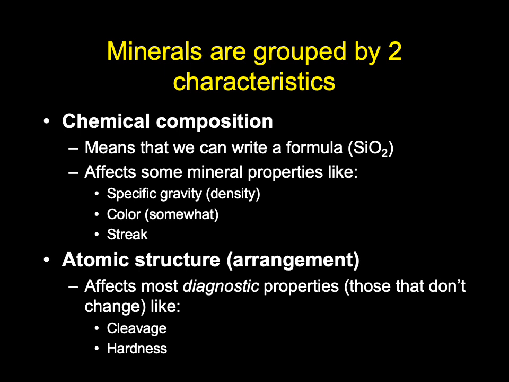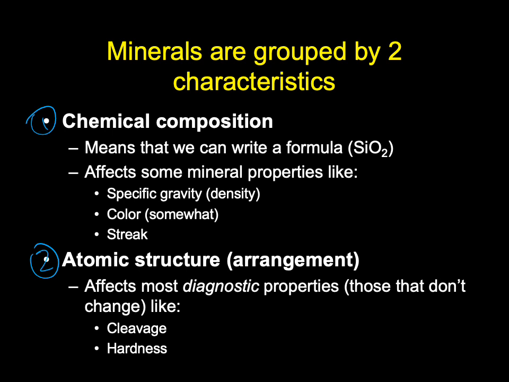Minerals are grouped together by 2 major characteristics, and I can promise you that this will be showing up on a quiz or an exam sometime soon. We can group minerals by 2 main characteristics. The first one is by their chemical composition, and the second one is by their atomic structure. So the chemical composition, what do I mean by that?